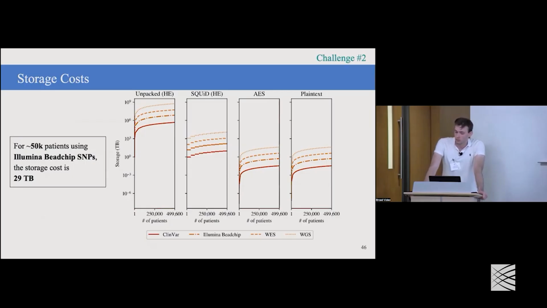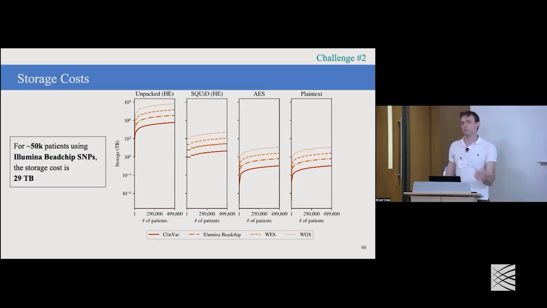What about RAM? RAM, yes. The way I implemented Squid was everything is stored on disk. When you perform a query operation, you only load the ciphertext into memory that you're going to use for a specific operation. So for the filtering query, in that example, we only look at the SNP2 column and the sex column. You would load those into RAM from the database, and then perform everything on them.